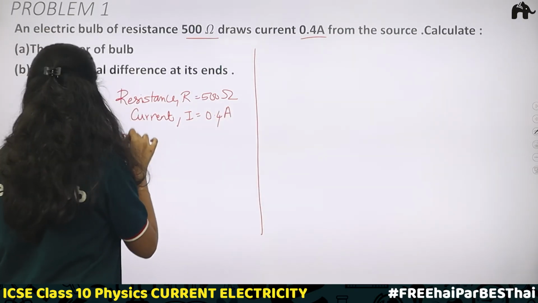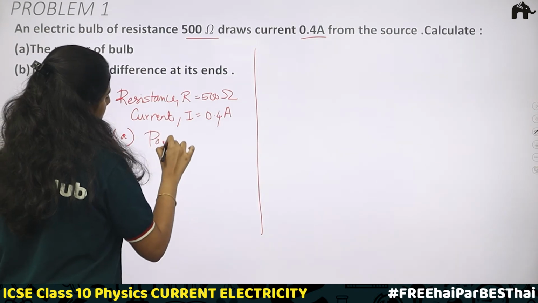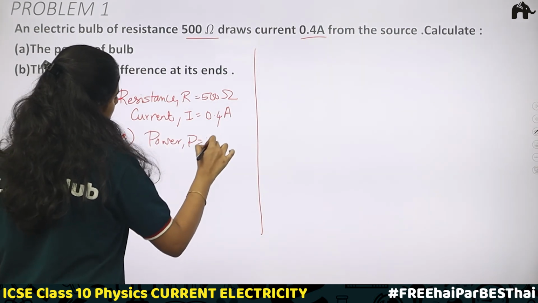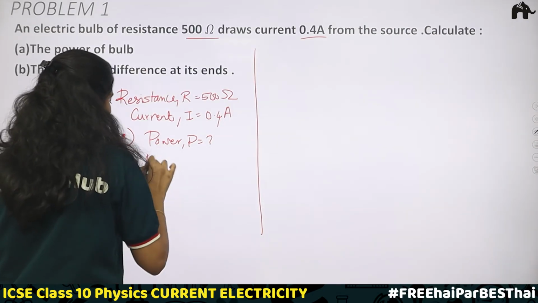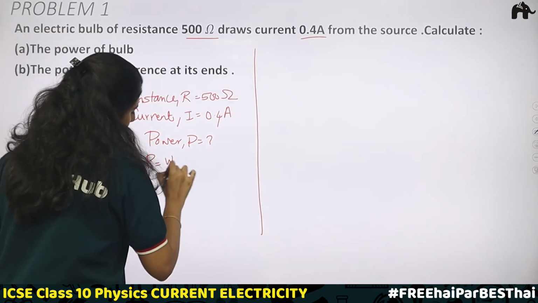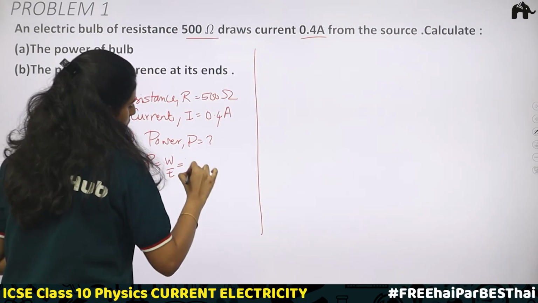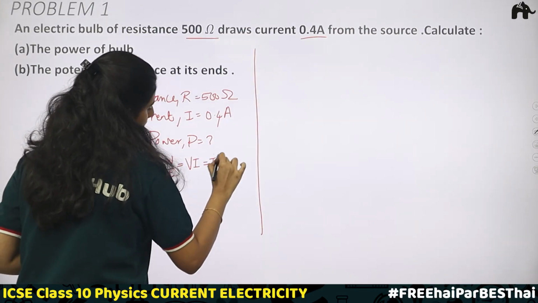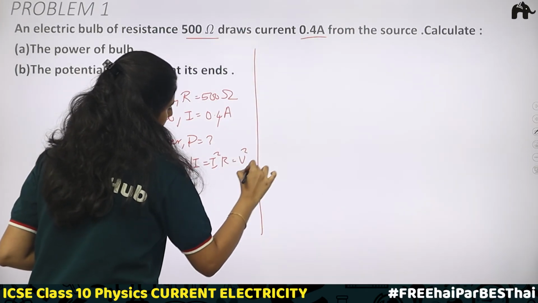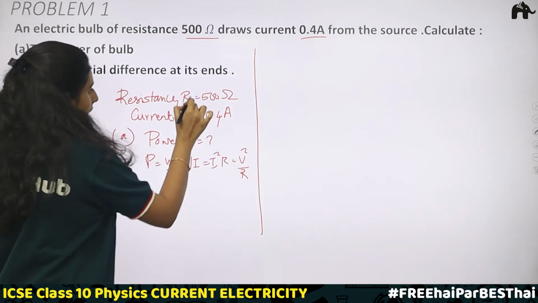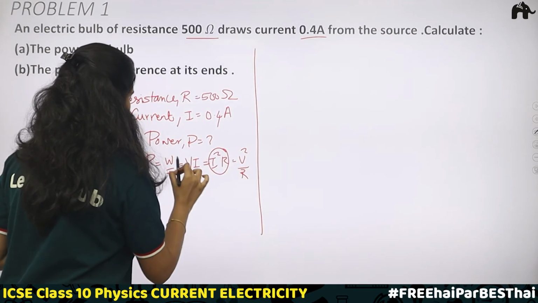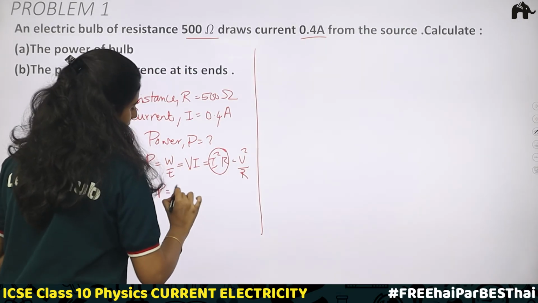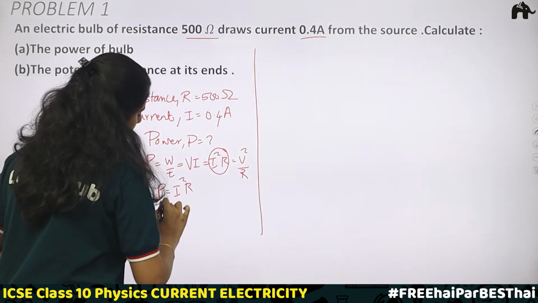Okay, so first part of the question, we have to calculate the power P. How to find P? What is the relation? We have power P is equal to work by time is equal to VI equal to I square R equal to V square divided by R. Here we have resistance and current given, so you can use this one. Power P is equal to I square R. Substitute the values.